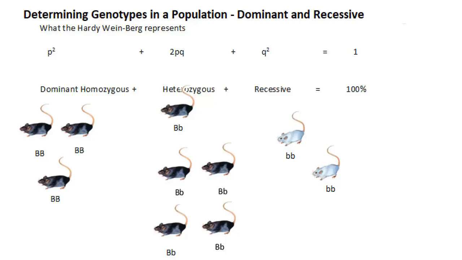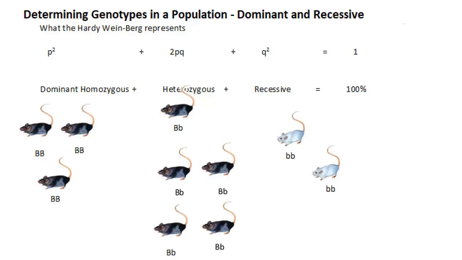If we add these frequencies together, they will add up to 1.0, or 100% of the population. In our example, 3 mice were dominant homozygous, so P squared was 0.3. 5 mice were heterozygous, so 2PQ was 0.5. 2 mice were recessive, so Q squared was 0.2. Add those 3 up, they equal 1.0.